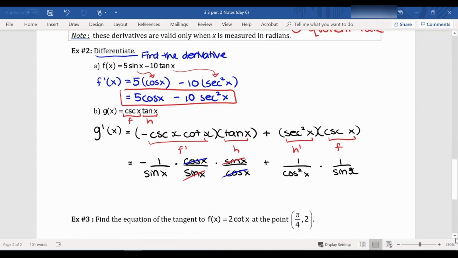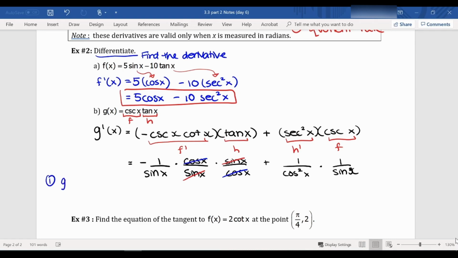Now, when I get to this point, I've got a couple options. I can just rewrite this as negative cosecant x plus secant squared cosecant. There's a couple ways we can do this. So I can choose to rewrite.